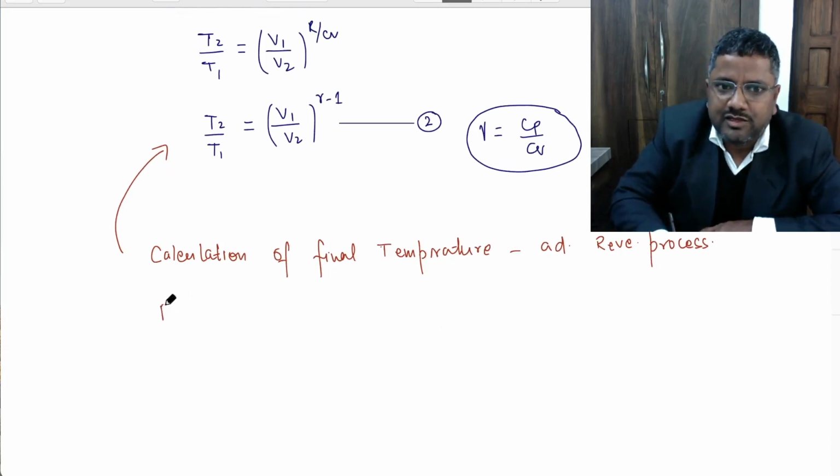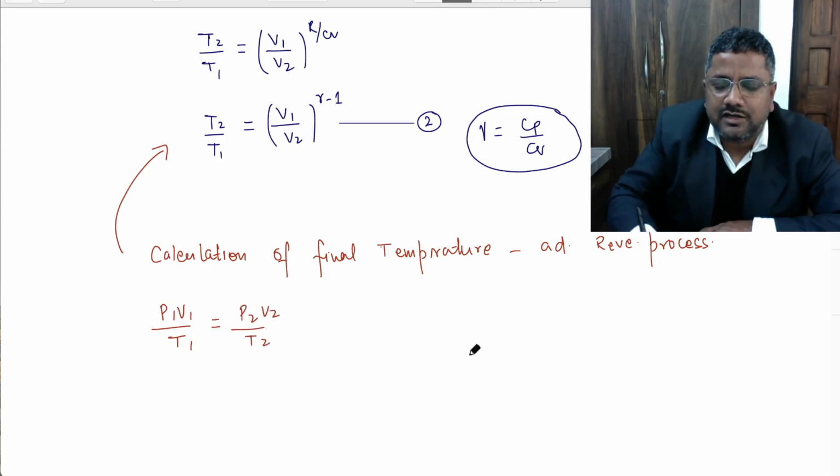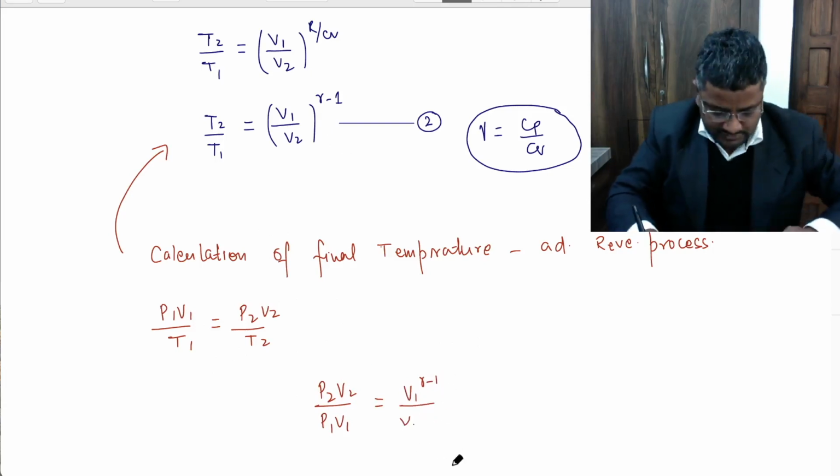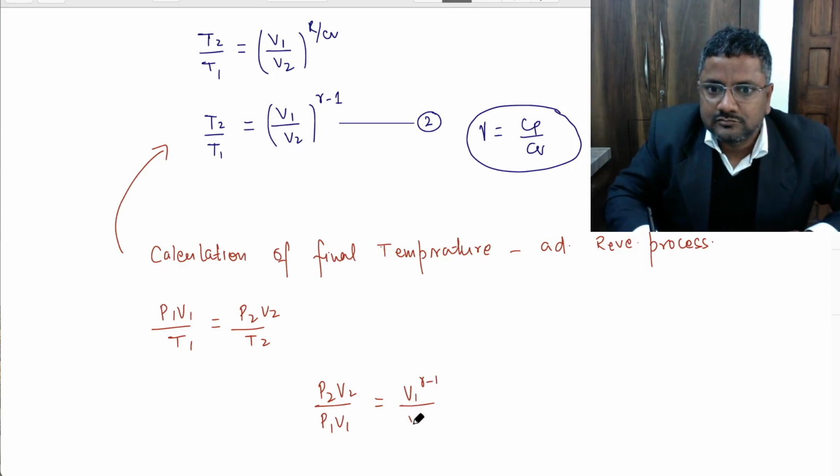Now you can calculate other variables as well. How? P1 V1 by T1 is equal to P2 V2 by T2. So T2 by T1 is equal to, from equation 2, P2 V2 by P1 V1 is equal to V1 to the power gamma minus 1 by V2 to the power gamma minus 1.